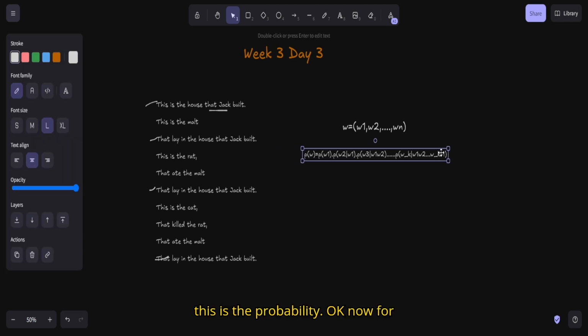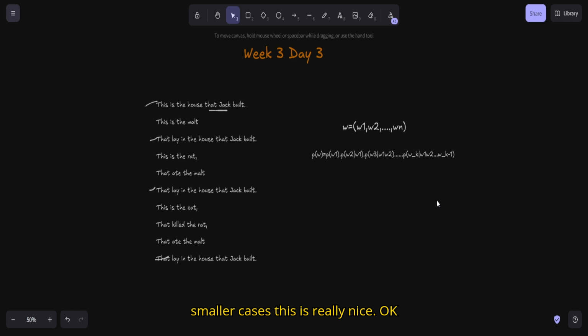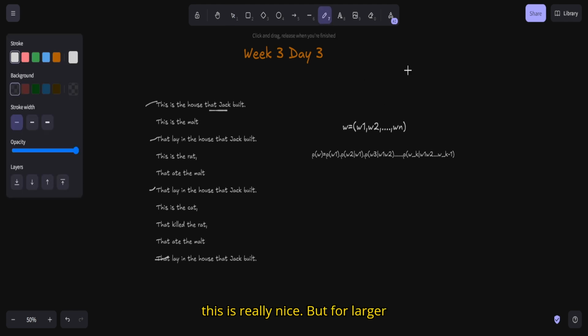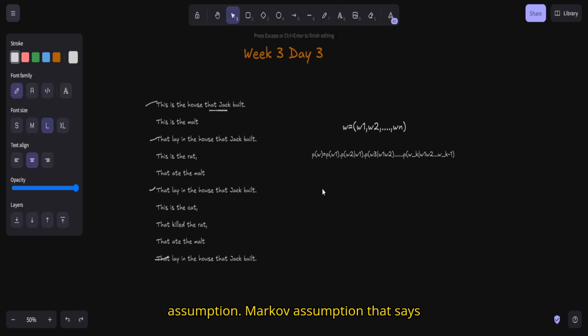For smaller cases, this is really nice. But for larger cases, let's say K is 1,000, how are you going to find this? You're going to die, right? It's not possible to find this plausibly. We have to find the probabilities of such words many times, and this is computationally very hard. So that is when we use something called a Markov assumption.